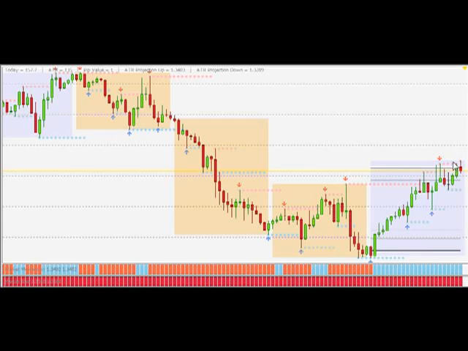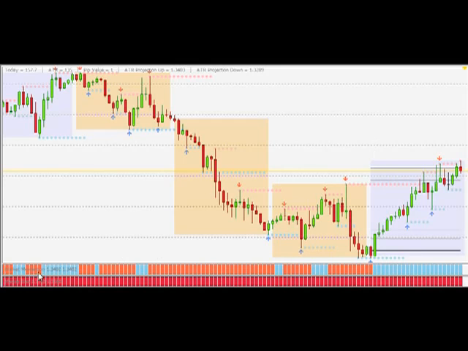So for example, right here, saying that you're going to take a long position there might not be the best thing. You might want to wait until the next day and see where the daily range is and make your decision based on that. So if you're a day trader, this tool is amazing. It also gives you up projections and down projections as to where price could potentially go using the range.